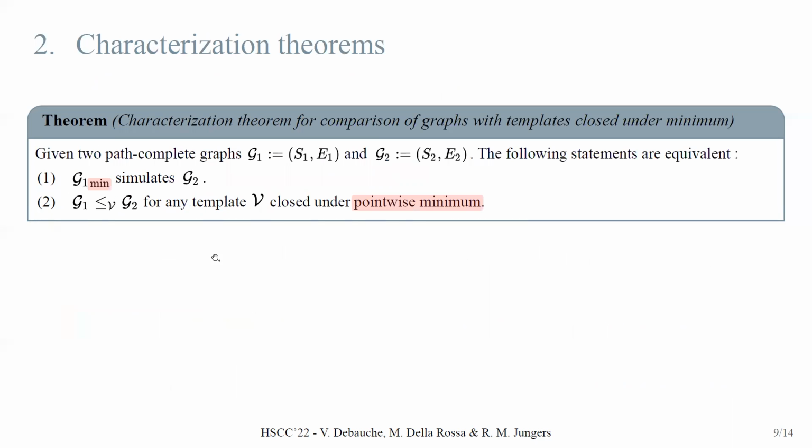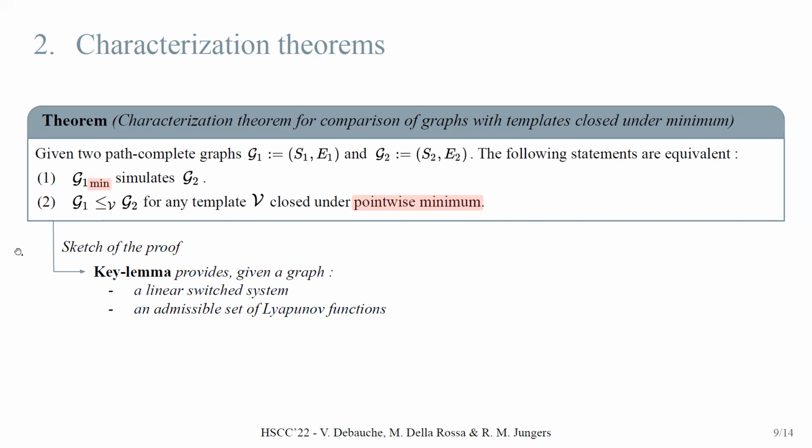More precisely, we have proved that a graph G2 is better than a graph G1 with respect to any template V closed under pointwise minimum, if and only if the mean lift of G1, which I call G1 min, simulates the graph G2. So this result is really similar to the general ordering, but here the simulation includes the lifted graph and not the graph itself.